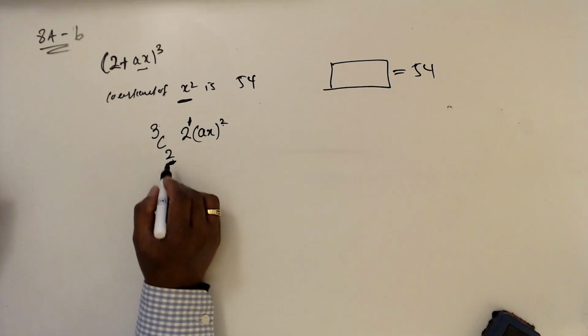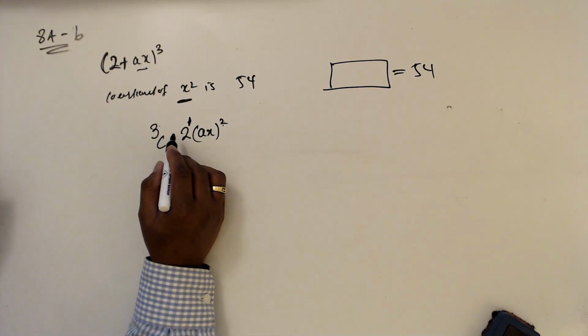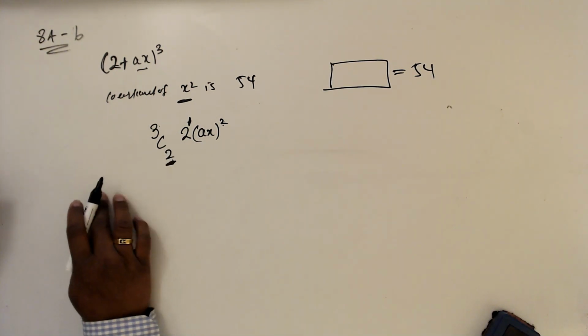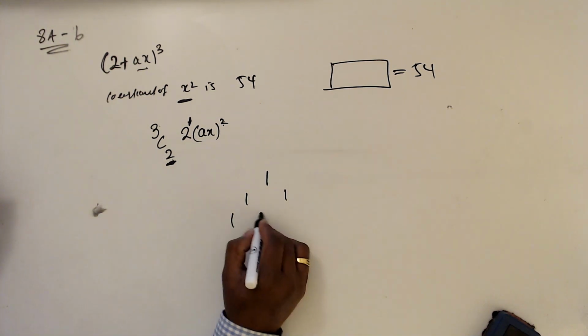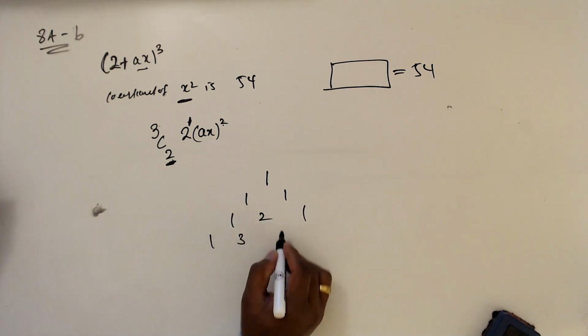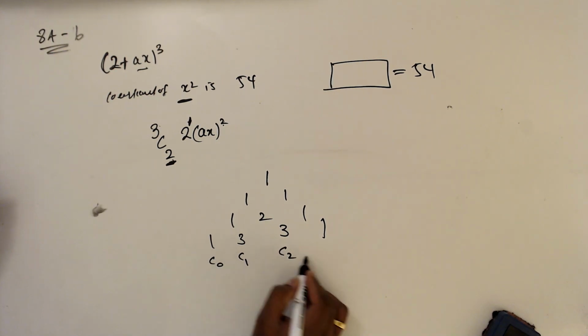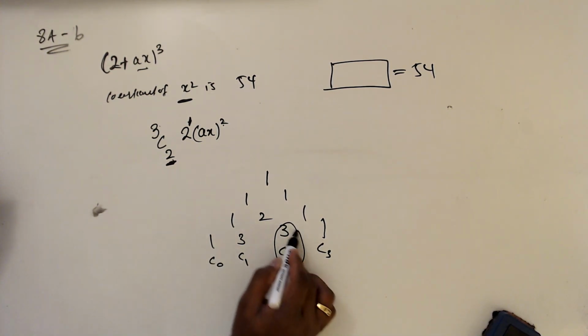Now this is the term. Now we will simplify. What is 3C2? From the Pascal triangle 1, 1, 1, 1, 2, 1, 1, 3, 3, 1. This is C0, C1, C2, C3. So C2 means what? 3.